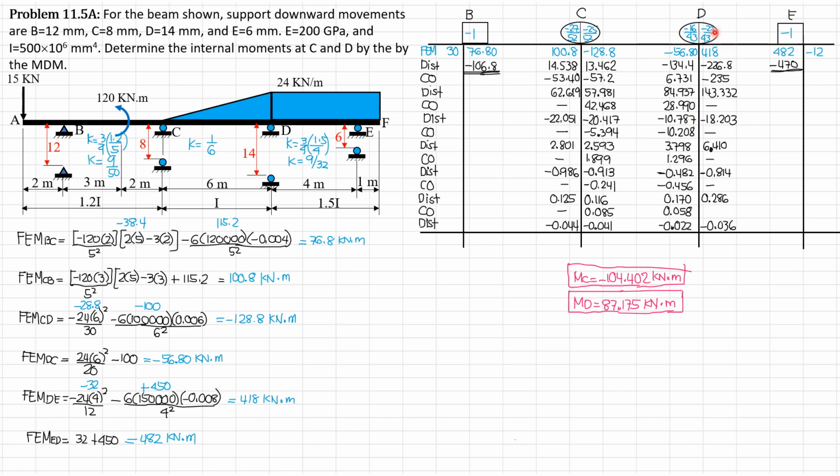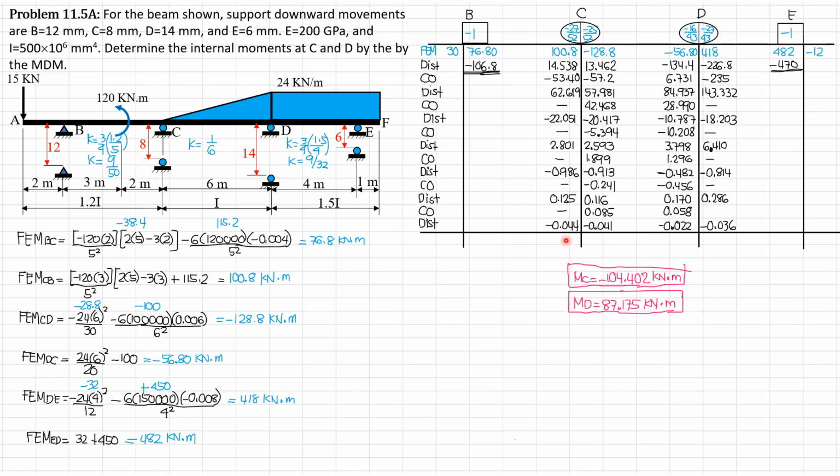Replace 16 by 27, that's the value. Then carry over, none here, half of negative 10.787, half of negative 20.417, and so on and so forth until you end up with the distributed moments being very, very small, as I said, less than absolute value of 0.1, then you may stop.